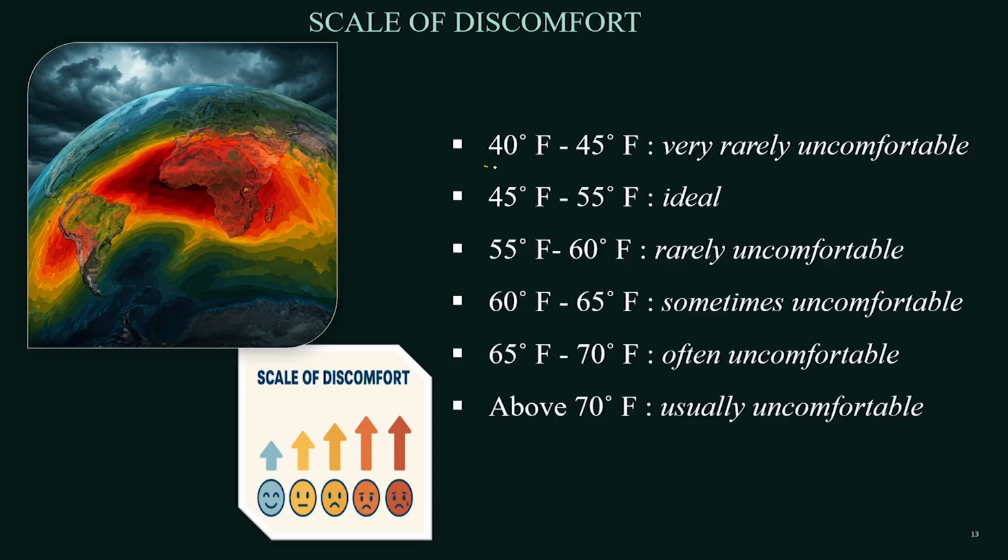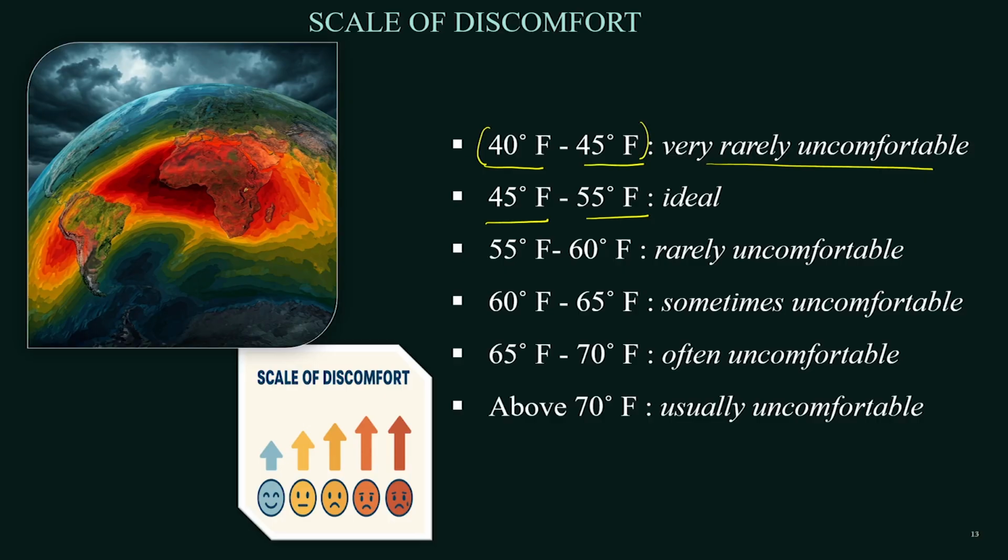Here you can see 40 to 45 degree Fahrenheit is considered to be very rarely uncomfortable. Regions which are recording values between this range will be considered very rarely uncomfortable. Then comes 45 to 55 degree Fahrenheit, which is considered the ideal comfort level of humans.